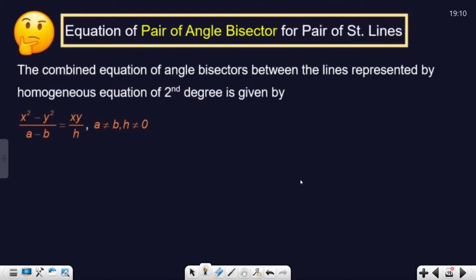It is the combined equation of the angle bisectors represented by the homogeneous equation of the second degree. We are having a homogeneous second degree equation.